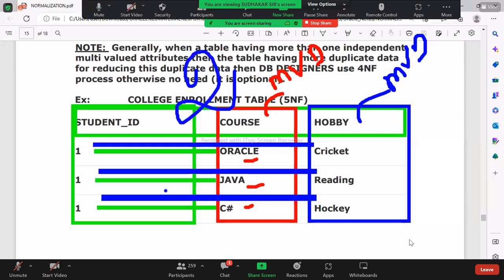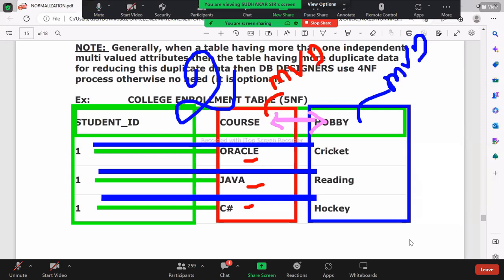After this verification of the 2, now check: is there any dependency between these two? Having any dependencies? No, because course is completely different. Hobbies are different. That hobby and course, there is no meaning. Yes or no? Both are individual.